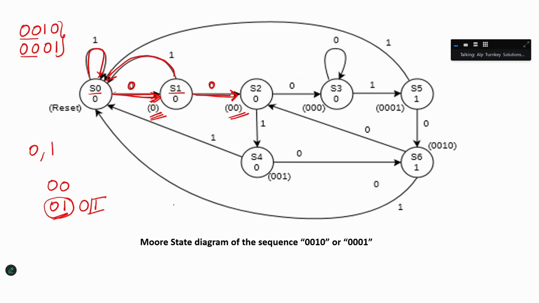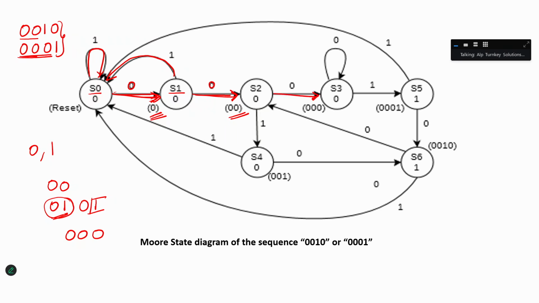So I got 0 0. Next at S2, 0 0 is over. Next I need to check for 0, and next for 1. So if I got 0 0 0, simply it will go to the next state, that is S3.